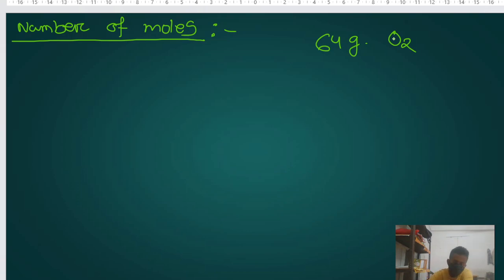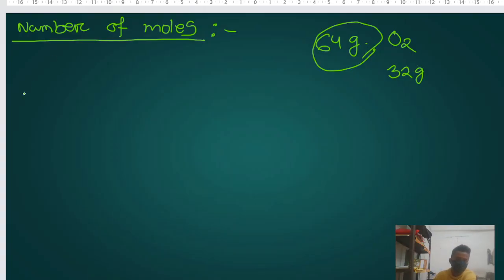Okay, you already know the molecular mass of oxygen molecule, that is 32 gram. When the given mass is divided by the molecular mass of that compound or that molecule, it will give us the number of moles.